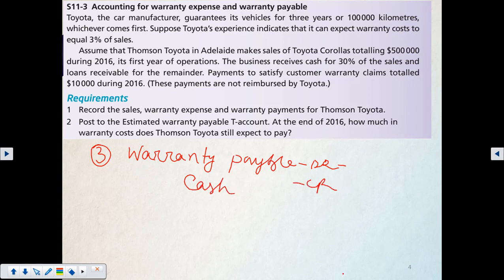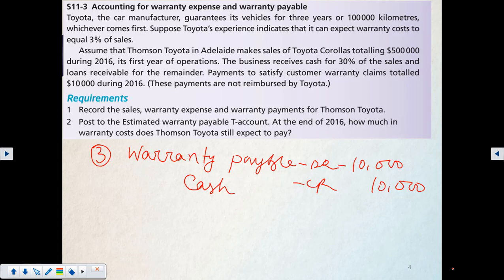What is the amount? 15,000? No, 10,000. So again, need to be careful. We actually paid $10,000, not $15,000. So warranty payable debit by $10,000 and cash is credited by $10,000. Three journal entries, this question is very important as well. So need to be careful, especially in journal entries.